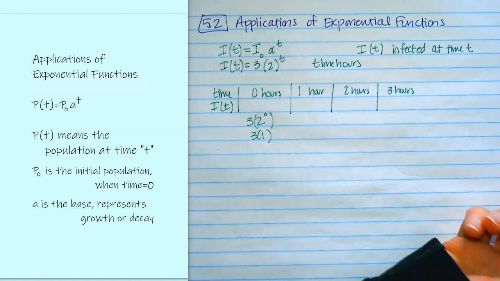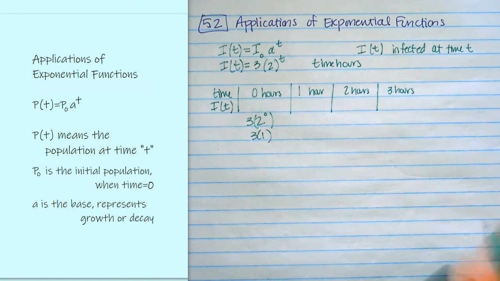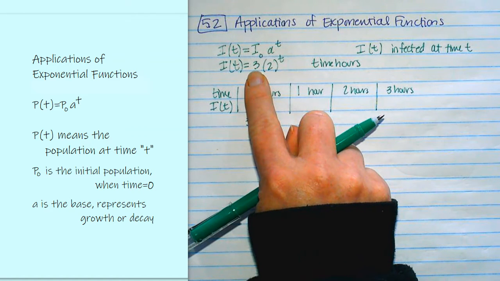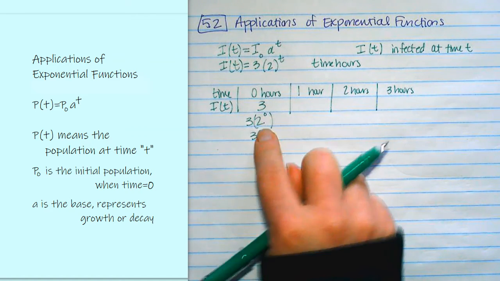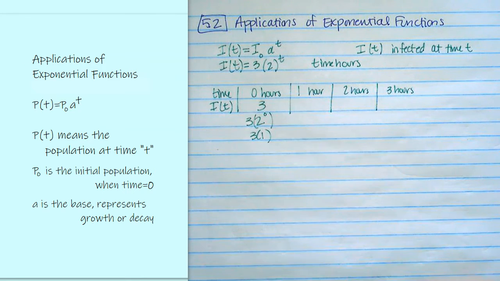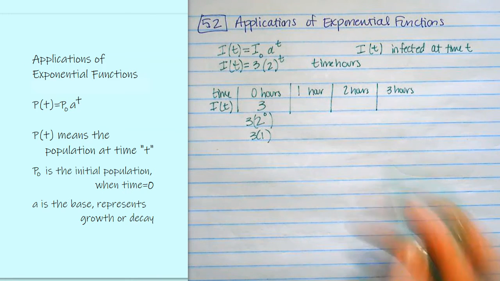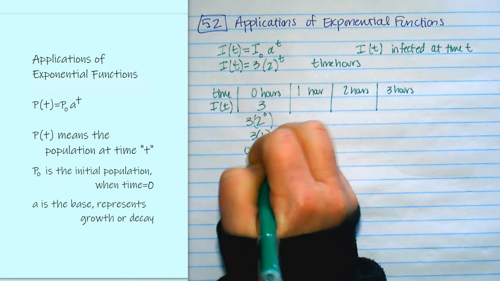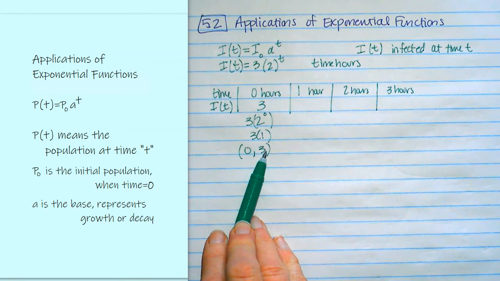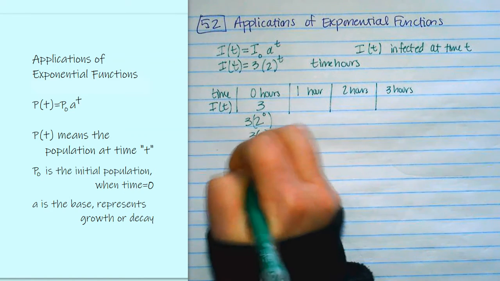So in the 0 hour, that's just the 3 people. So that's our initial, that's why this is called the initial condition, because nothing has happened. 2 to the 0 is 1. Nothing changed with the exponential function at the initial 0 time. So this becomes 0, 3. This is the hour, and this is the number of people infected.